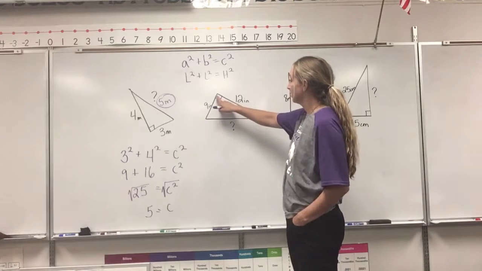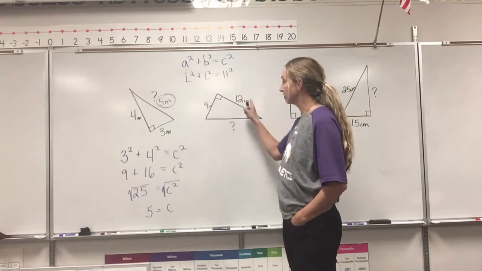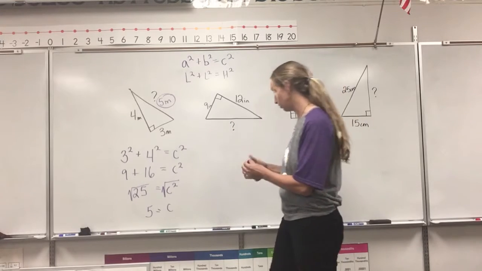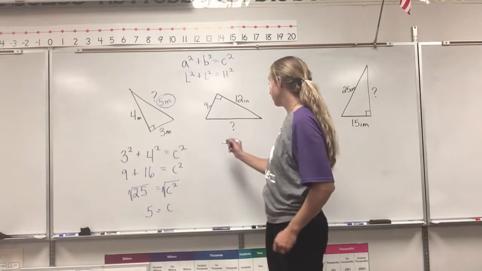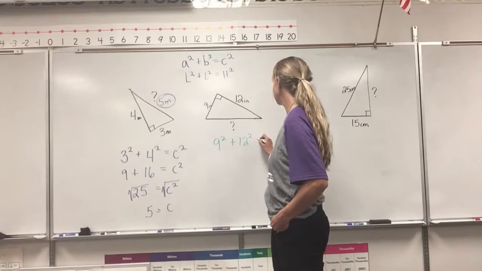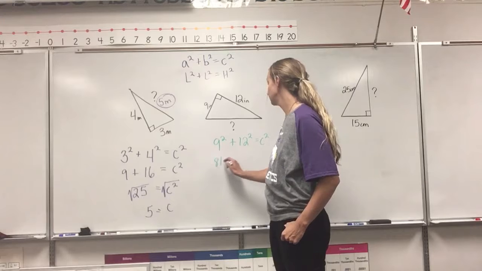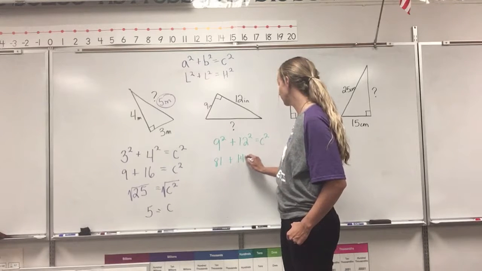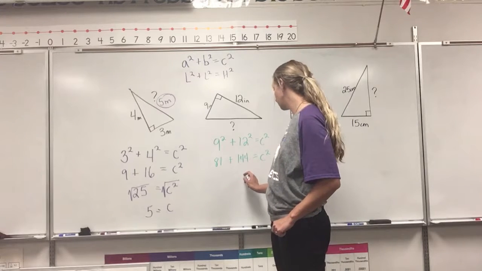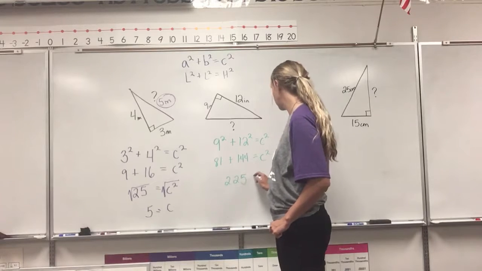Here's my right angle. So this is a leg, and this is a leg. I know the two legs, they're 9 and 12. And again, I'm missing the hypotenuse. So 9 squared plus 12 squared equals c squared, the hypotenuse squared. 9 squared is 81. 12 squared is 144, and that equals c squared. 81 plus 144 is 225.